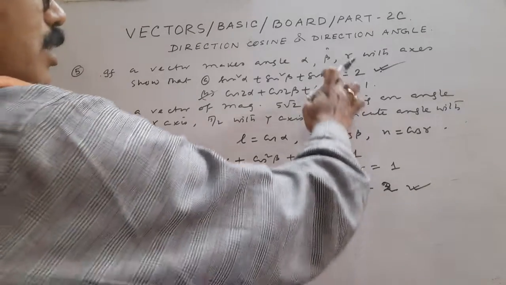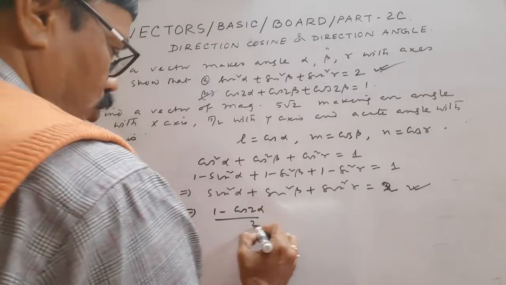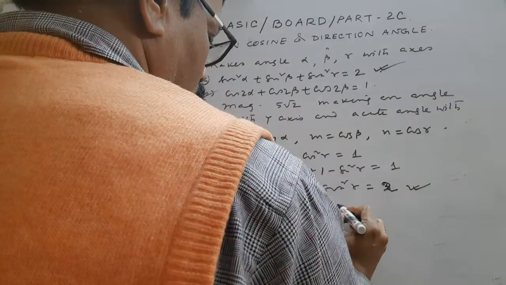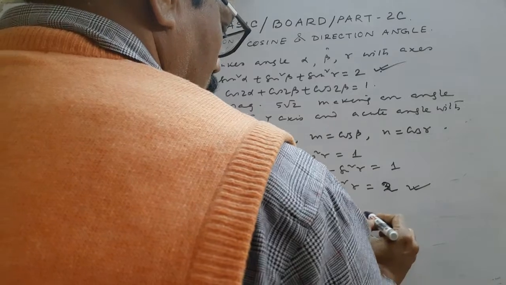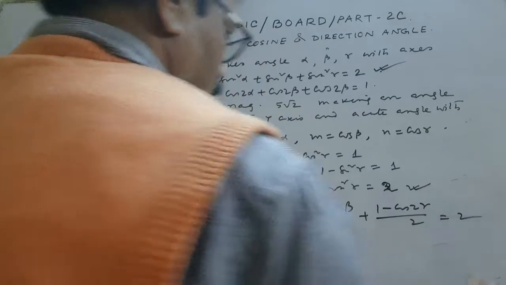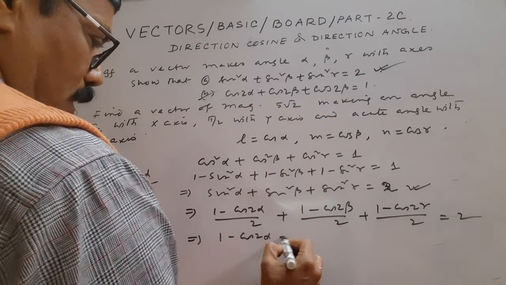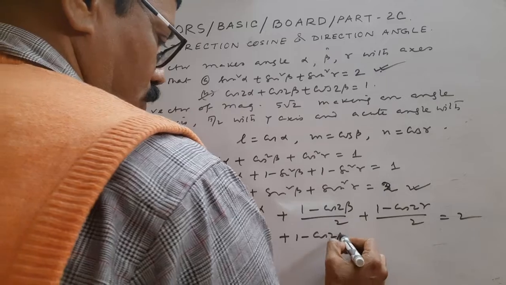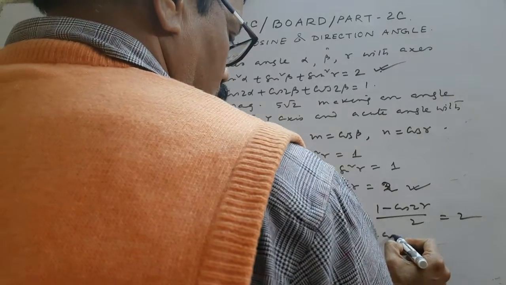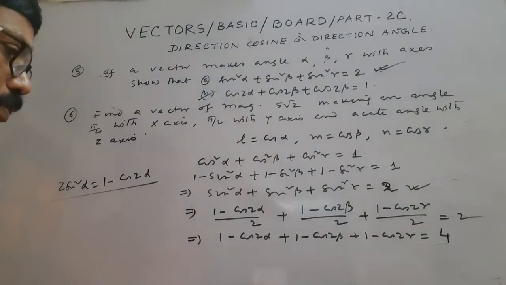Express it in terms of cos: 1 minus cos 2 alpha by 2, plus 1 minus cos 2 beta by 2, plus 1 minus cos 2 gamma by 2 equals 2. So 1 minus cos 2 alpha, plus 1 minus cos 2 beta, plus 1 minus cos 2 gamma equals 4, since 2 into 2 is 4.